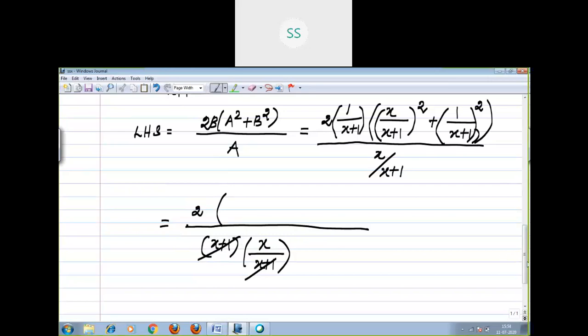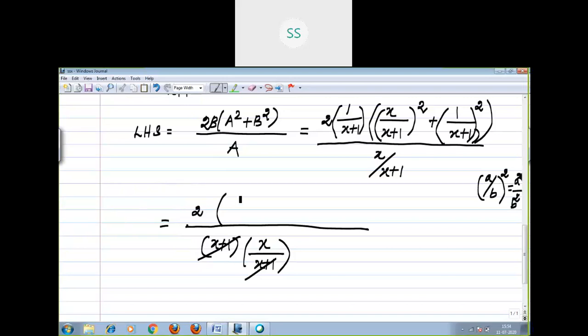Here you are applying the law of exponent. See here, what is the law of exponent? Anyone? Yeah, very good. a by b, the whole square can be written as a square divided by b square. That law of exponent I am going to apply in the numerator.